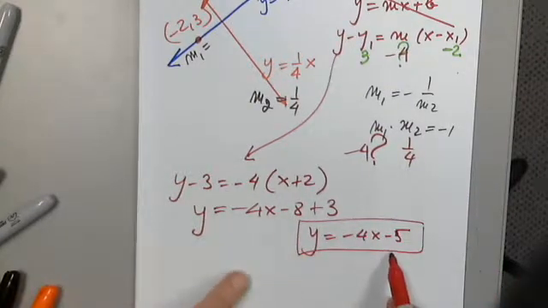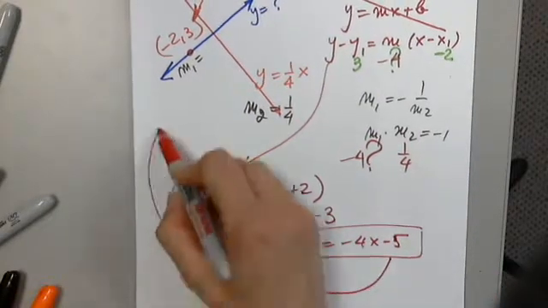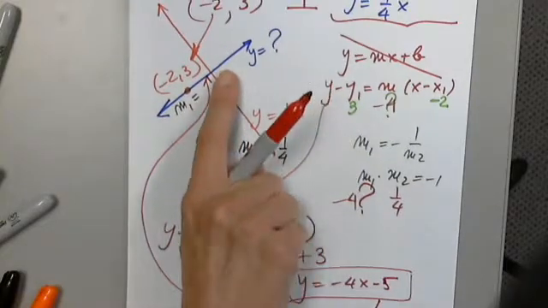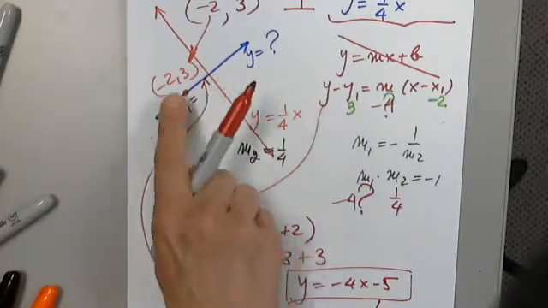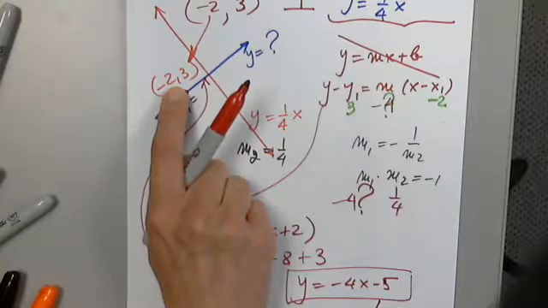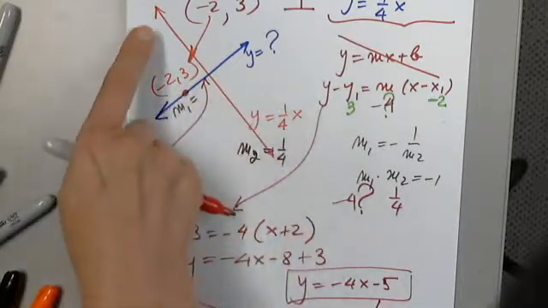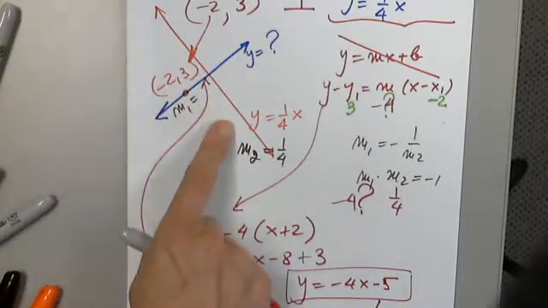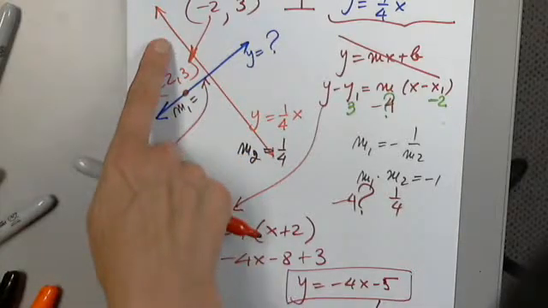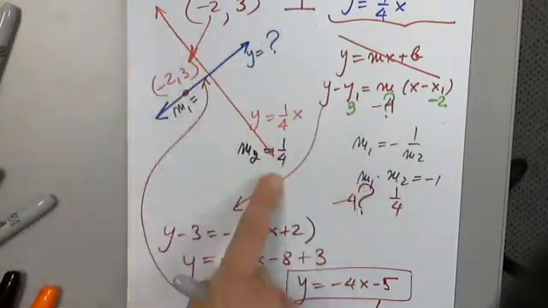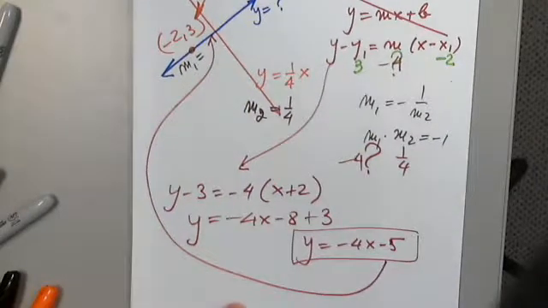Now what does this represent? It represents the equation of the blue line that is guaranteed to pass through -2, 3, and also guaranteed that is perpendicular to y equals 1/4 x.